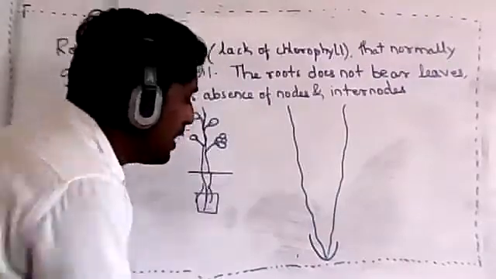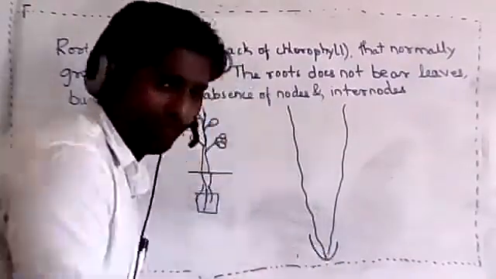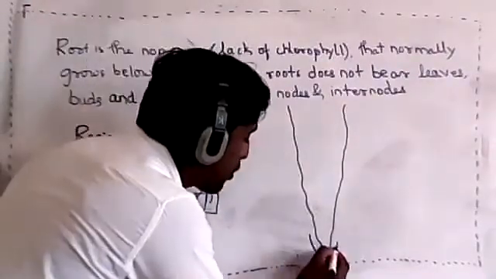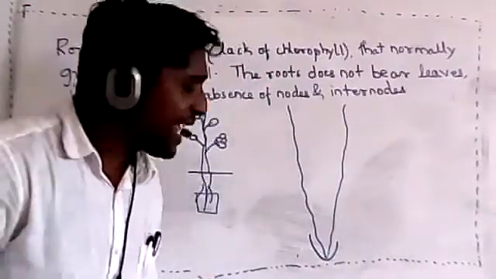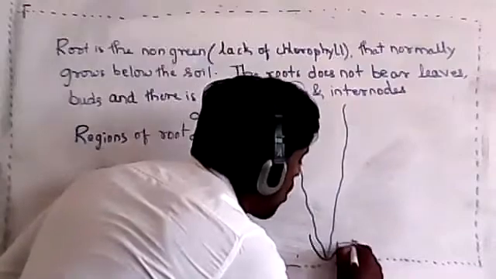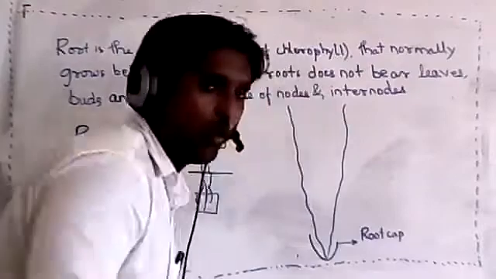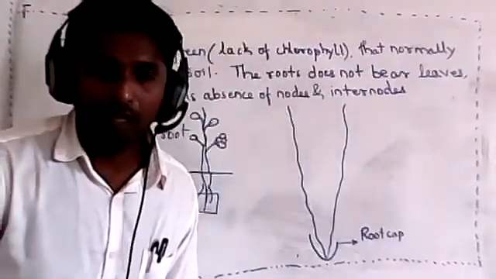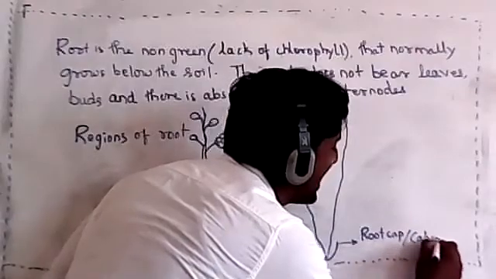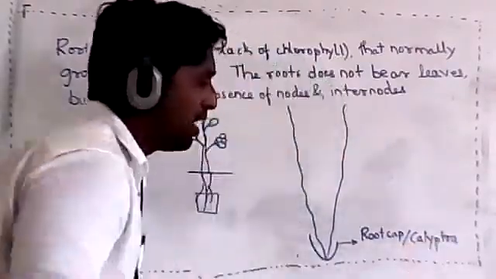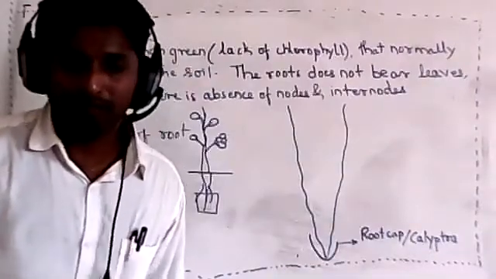In the same way this root tip is being protected by a sheath. That sheath is called root cap. Root cap, or it is also called calyptra.